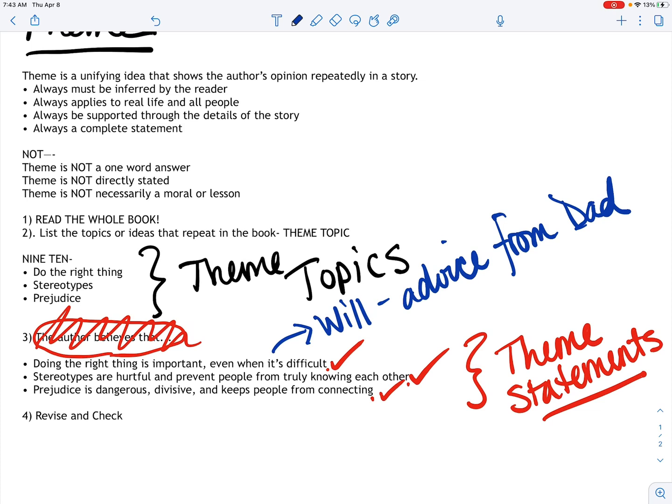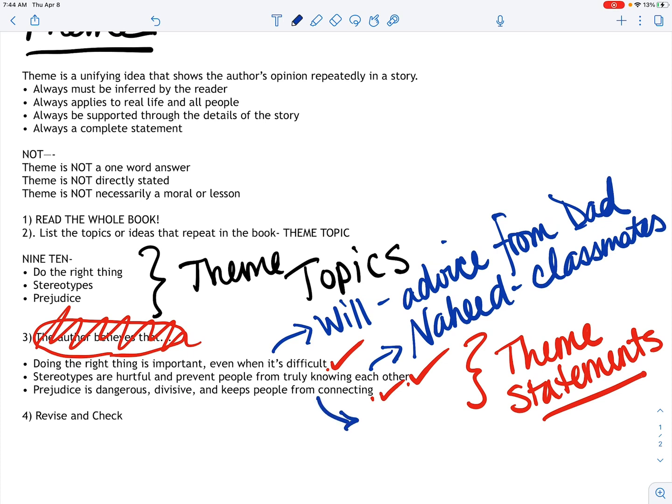When we think about the stereotypes being hurtful, we know this comes from Nahid and her dealings with her classmates. And when we think about prejudice and how it keeps people from connecting, we really are looking at the 9/11/2002 service in that book. So it looks like what we have done is found the theme for 9/10.